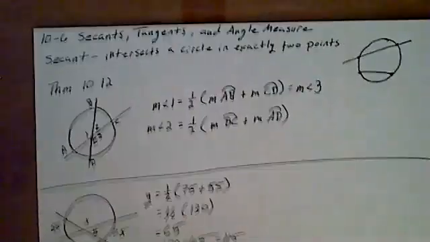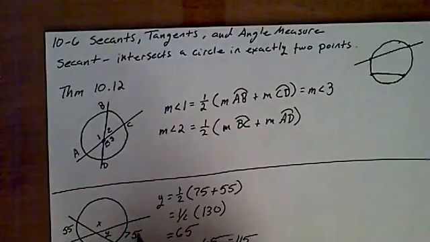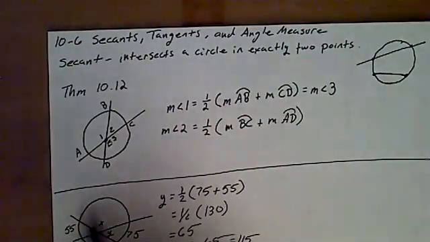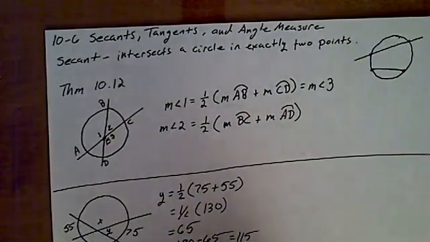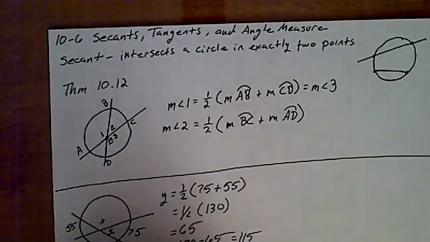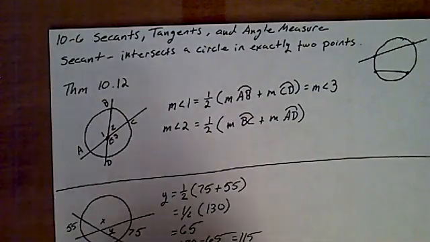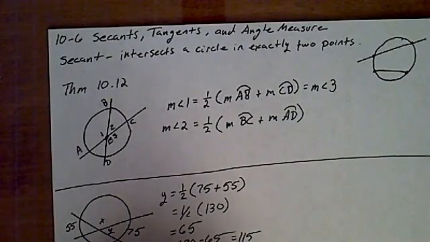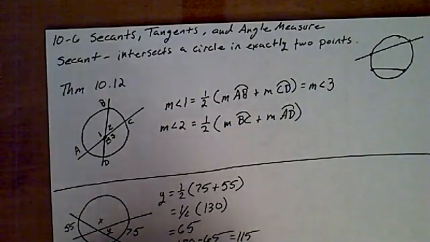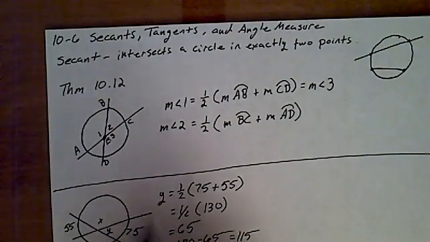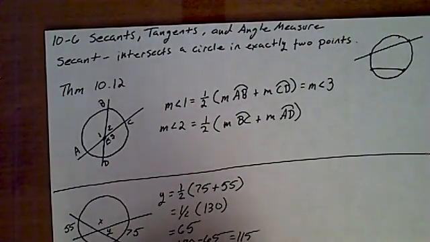If you were finding angle X by itself without ever finding angle Y, you could do it a different way as well, which would say the measure around a circle is 360. So if we wanted to find X by itself, we might say that X is 1/2 of 360 minus the two angles that don't go on the two arcs for X. So that'd be minus 130.